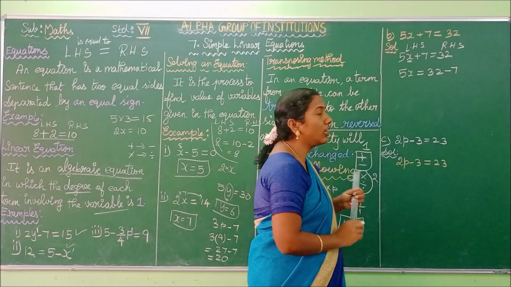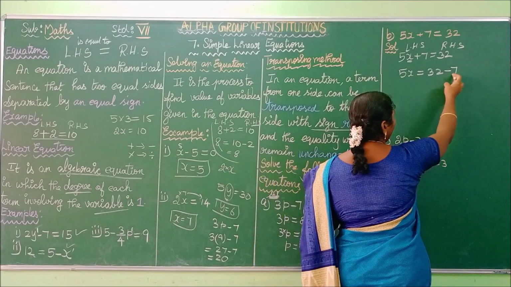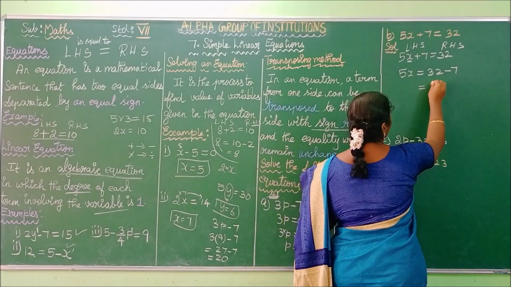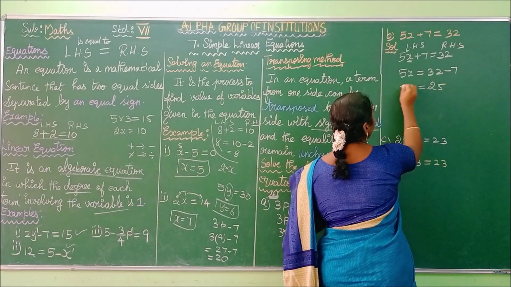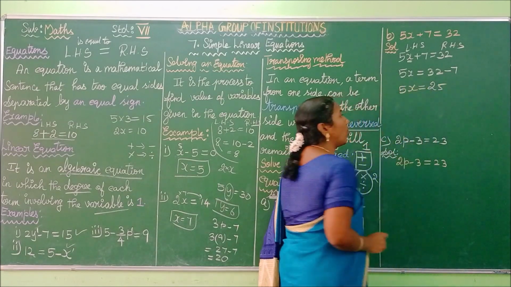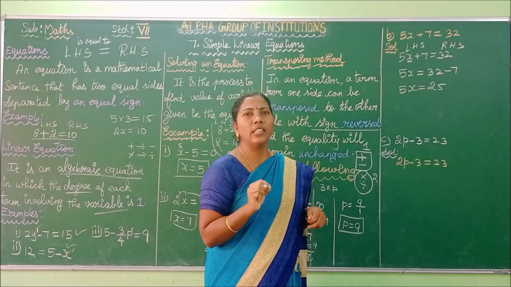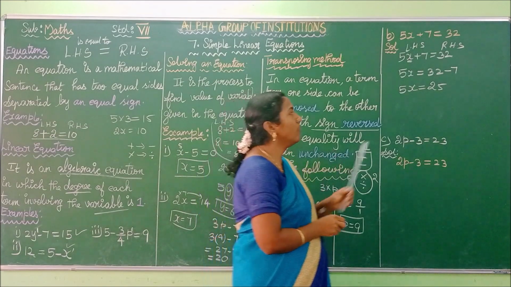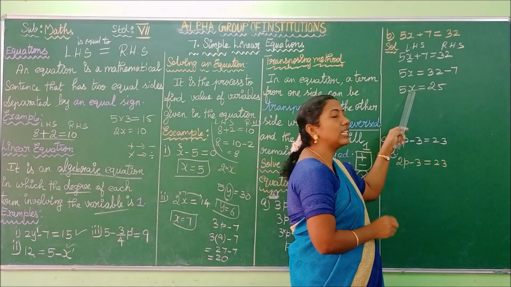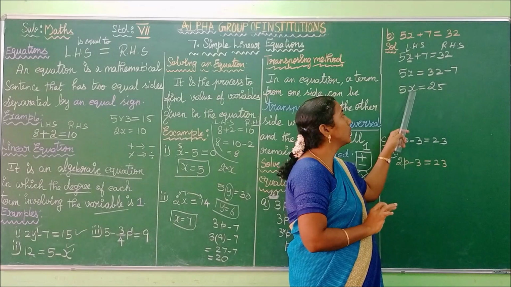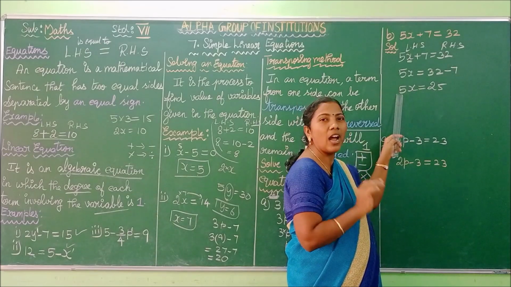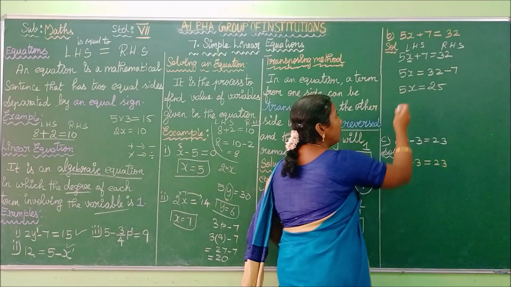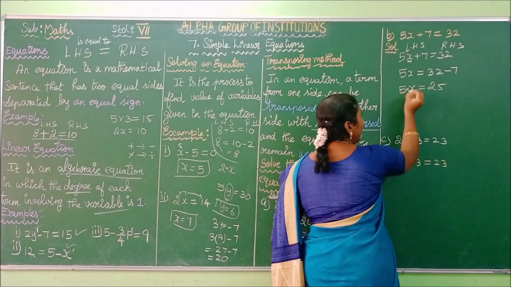Do you understand children? Now you have to subtract the 7 from 32. What is your answer? 25. So 5x equal to 25. But our aim is to find the value of x. To find the value of x, you have to make the x free from the terms. So here also we have the 5 along with x. But the operation between the x and 5 is multiplication.